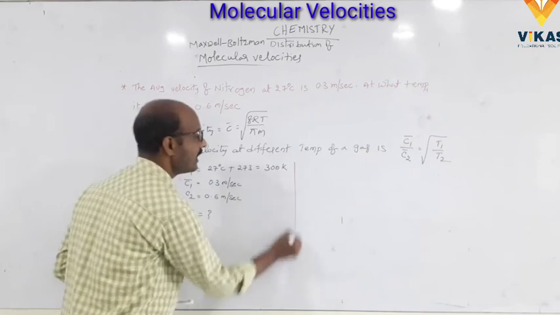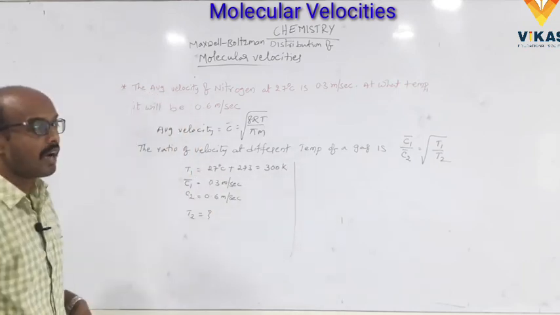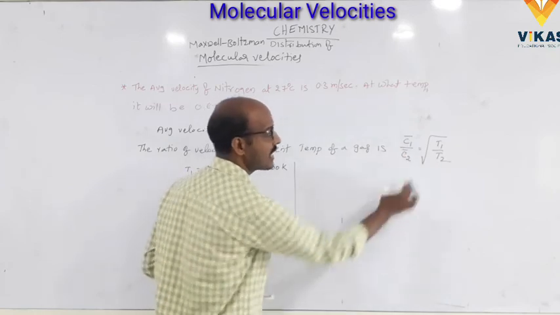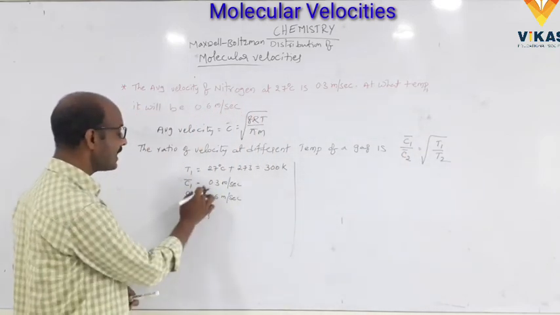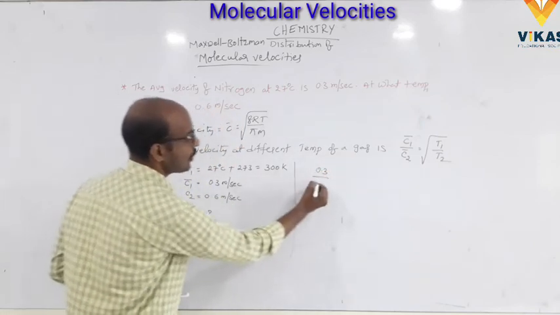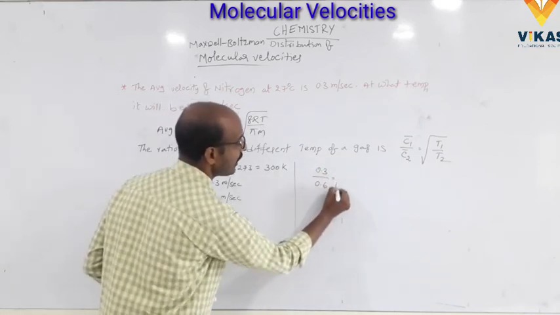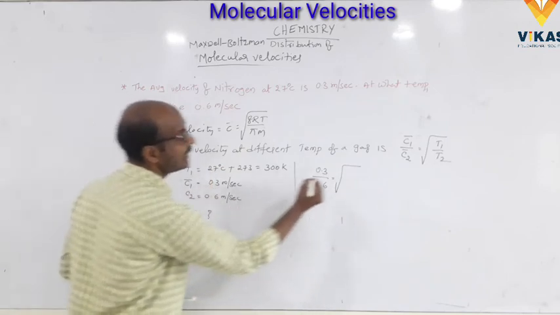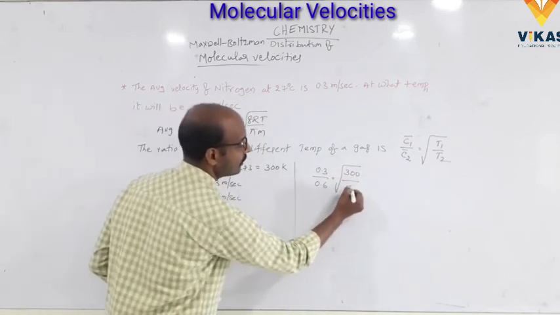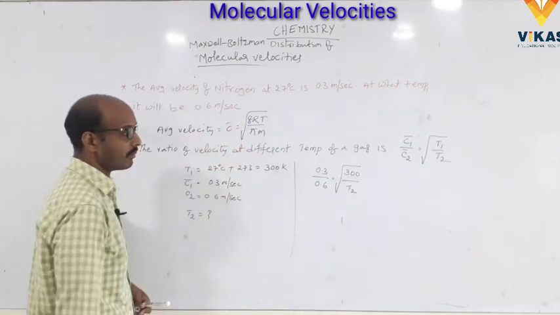Substitute the values in the formula. The ratio of the average velocities at different temperatures is C1 bar by C2 bar equal to the square root of T1 by T2. C1 is 0.3 and C2 bar is 0.6, equal to the square root of 300 Kelvin by T2.